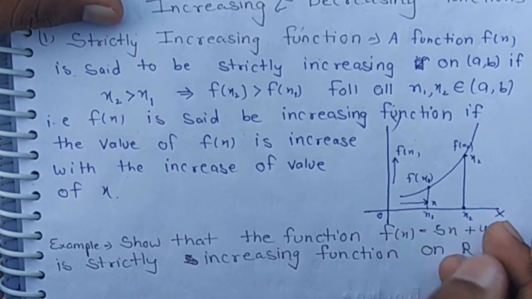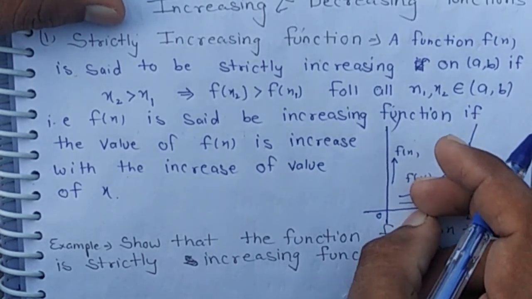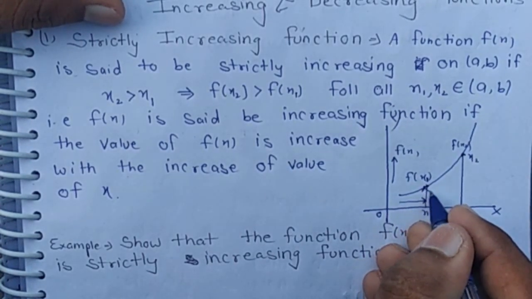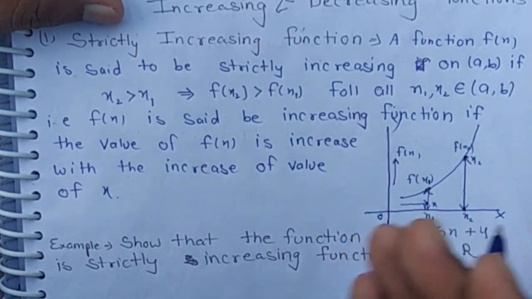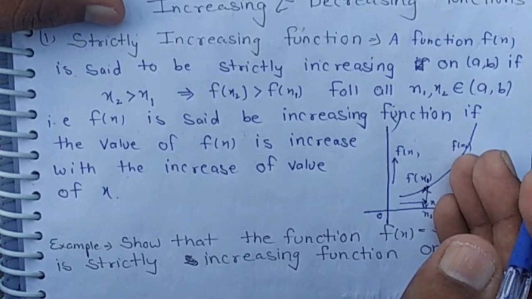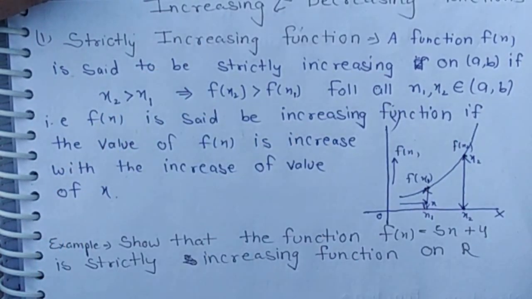Since x2 is greater than x1, then f(x2) is greater than f(x1). As we increase the value of x, f(x) is also increased, then it is called a strictly increasing function.